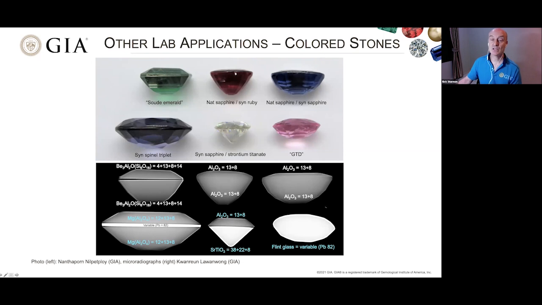So it can be useful, but again, in the lab, there's no need to really use X-rays to test this type of material, because the gemologists would have identified them before there's any need to. But I just included them here to show you the difference and the interesting results we would get using X-rays.